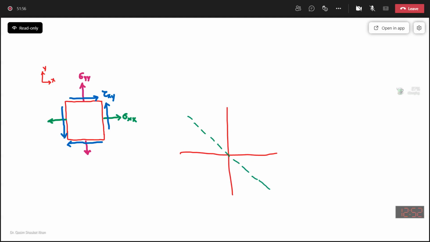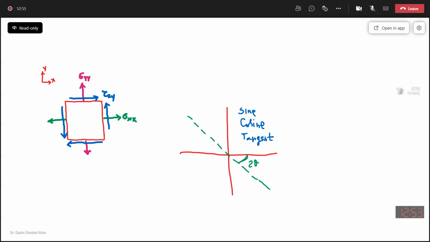Let's say this is 2 theta. If you recall, in quadrant 1, sine, cosine and tangent will all be positive.